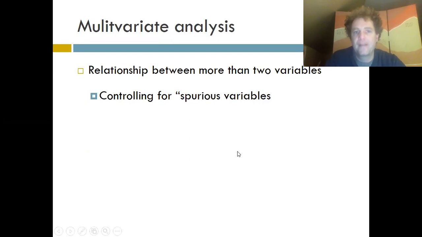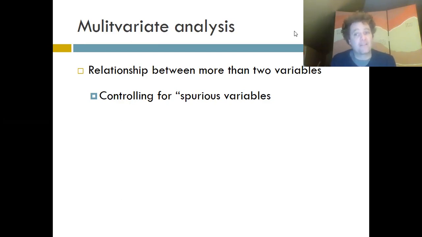Okay, now let's go to the final type of analysis: multivariate analysis. Multivariate analysis is when we're looking at the relationship between more than two variables. Univariate is one, bivariate is two, and multivariate is three, four, five, more than two.